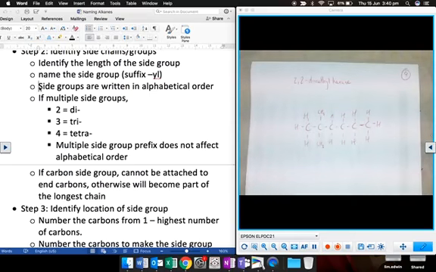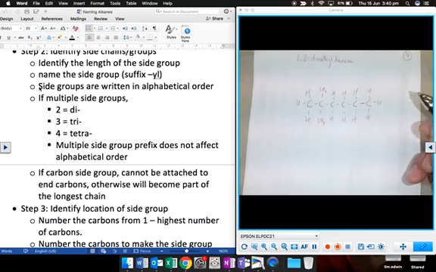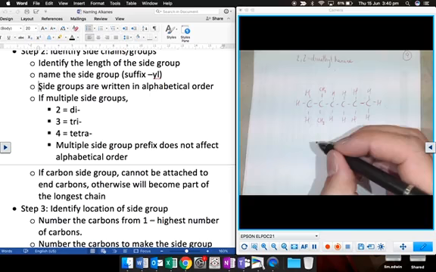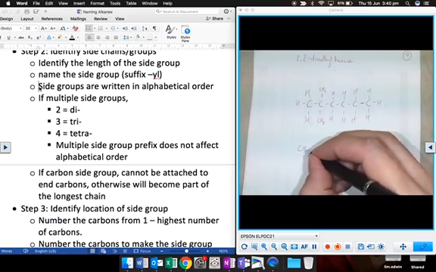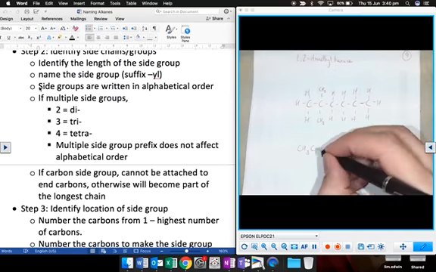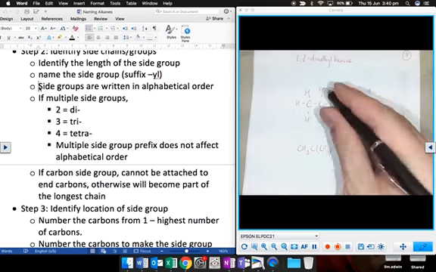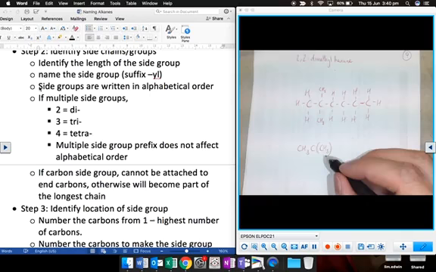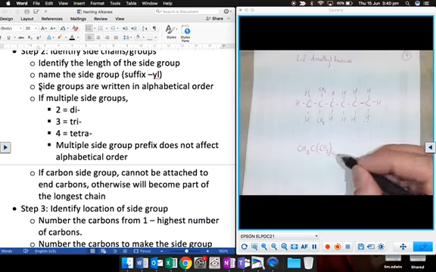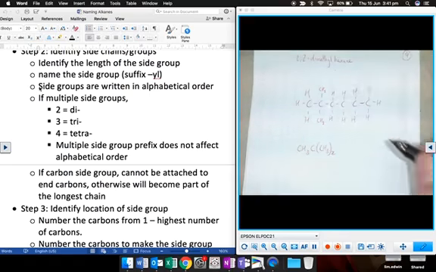Now we've got to convert this into its structural formula, its condensed structural formula. So it is going to be CH3, C, bracket. We use the brackets to indicate that it's a side group. So I'm going to say C, CH3, 2, because there are 2 of these groups on that carbon.